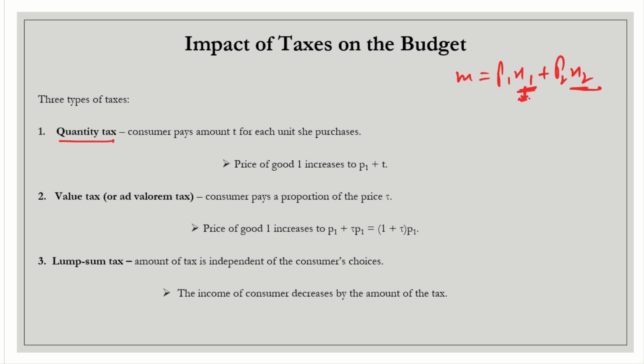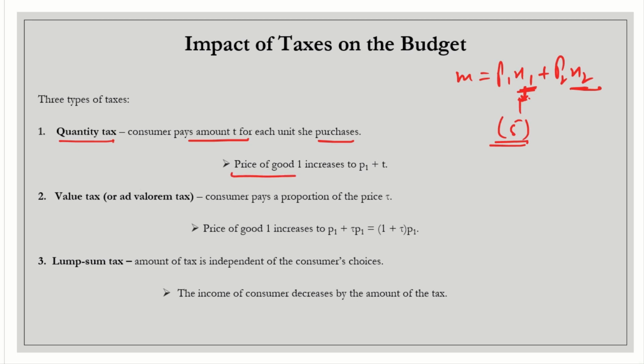What a quantity tax says is that the consumer pays an amount t for each unit she purchases. Say, for example, 5 units are being purchased, so that amount of tax is going to be charged.